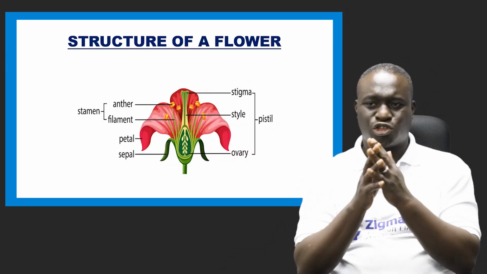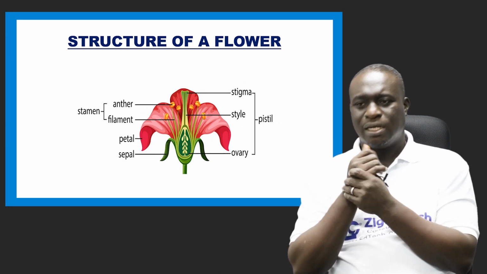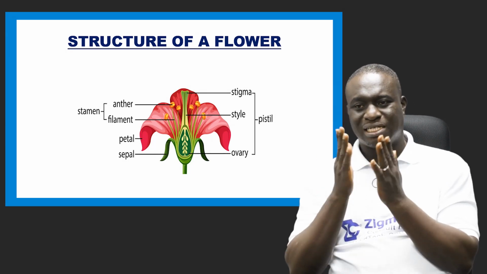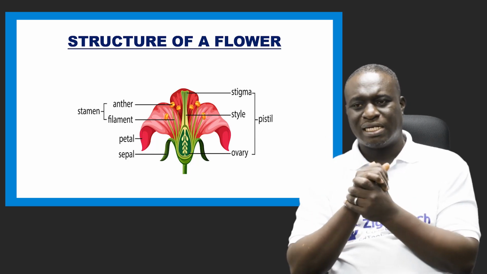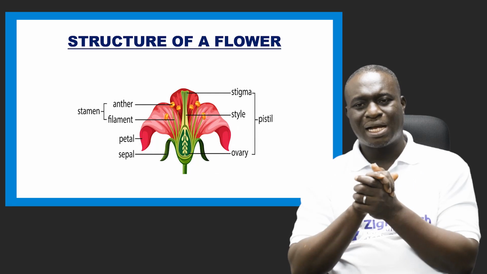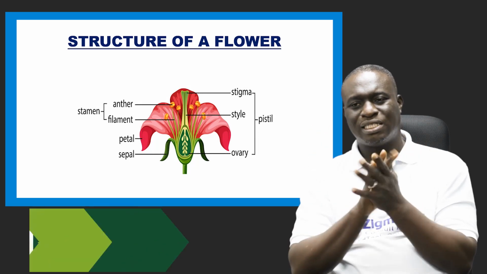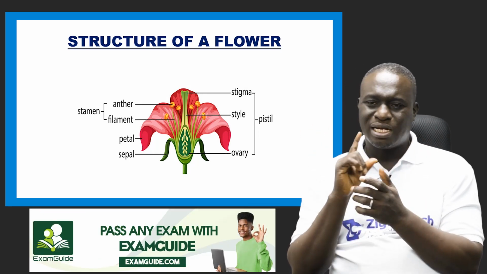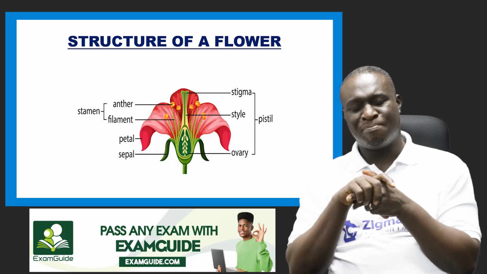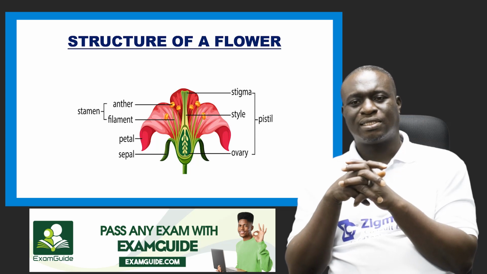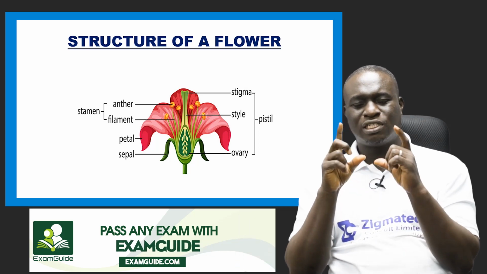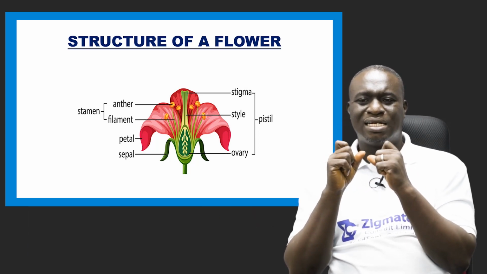As you can see in the structure here, you can see the stigma, the style, and the ovary clearly, and together you can call them carpels, or you can still call it a pistil. When it is one, it is referred to as a pistil. Now you can see the stamens there. The stamens consist of the anther and the filament.